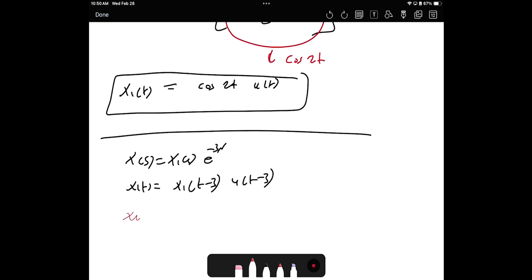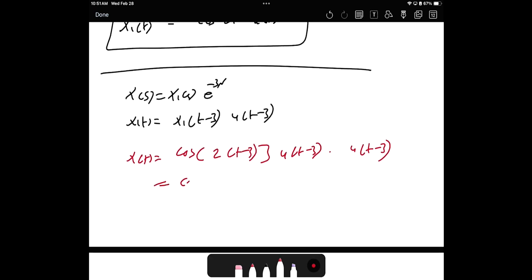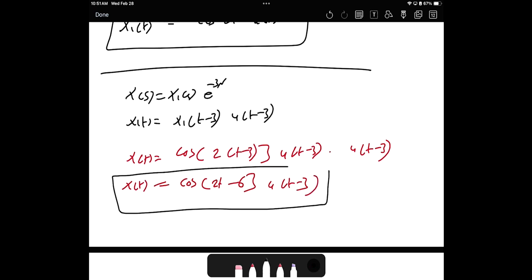So x of t will be cosine 2 times (t minus 3), u of t minus 3, which is cosine of 2t minus 6, u of t minus 3. So we just go back to the original and apply the shift. Any question? Okay, so that's it for today.